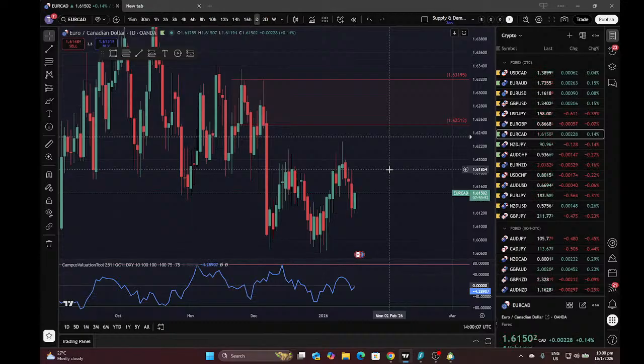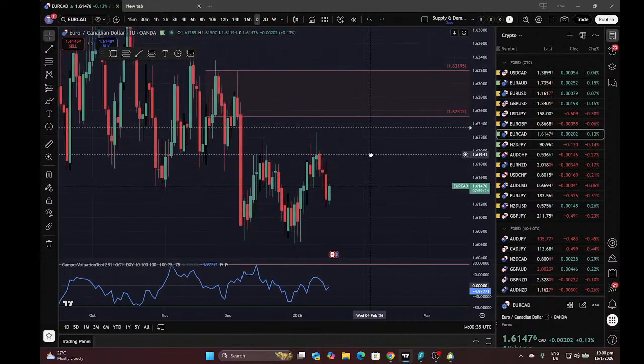The only problem with this supply is that we are looking at euros going up. Euro is going bullish, so the Euro Canadian pair would expect a bullish trend as well. So shorting here is not exactly what I think should be done.